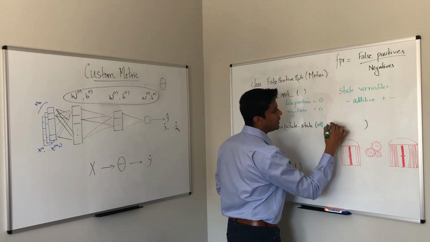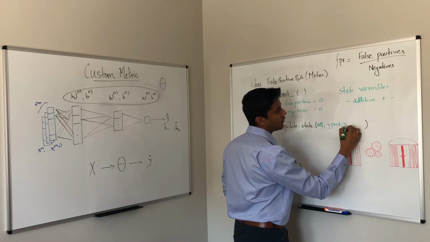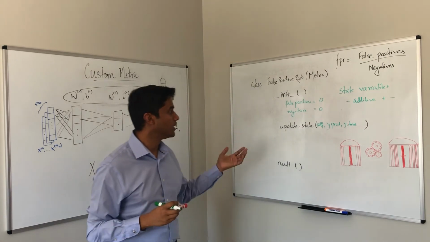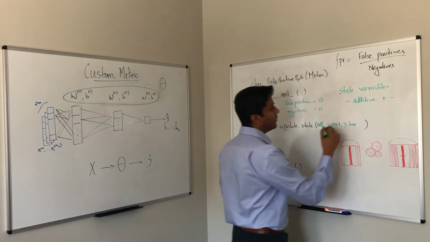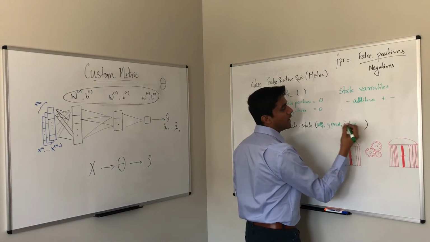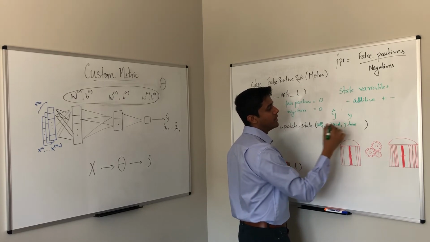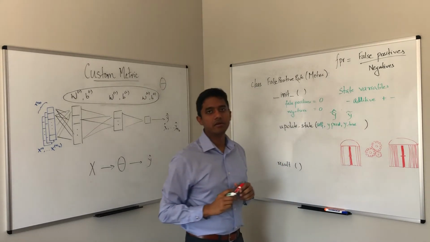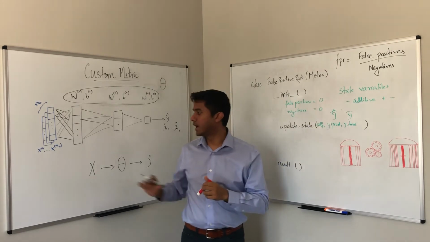And then we have the y pred, basically the y predictions, and y true as other default arguments that go into update state function. And by y pred and y true is actually y hat and y for the entire batch. It's a vector of prediction that was made for the entire batch.